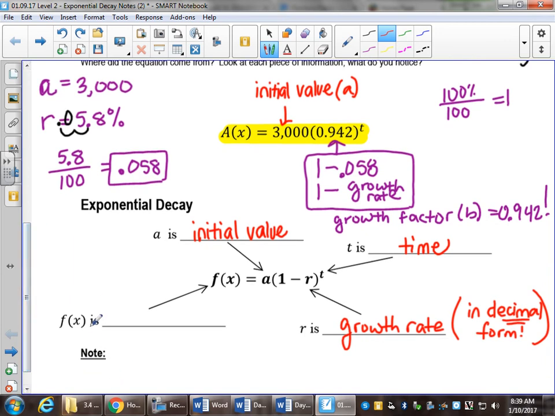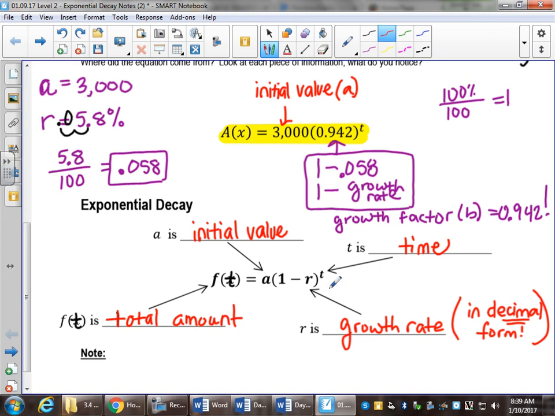And this should say F of T. F of T is still a total amount, the output. What's the total? Total amount of air, total amount of money, whatever it may be.